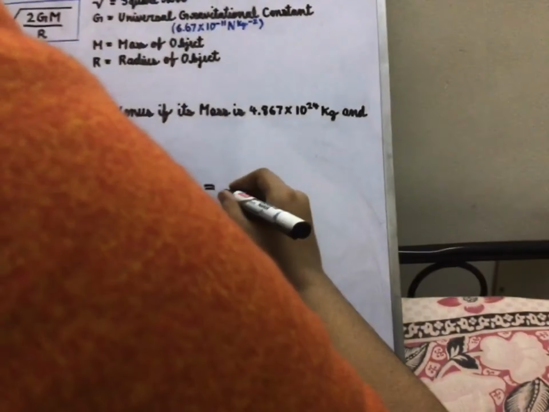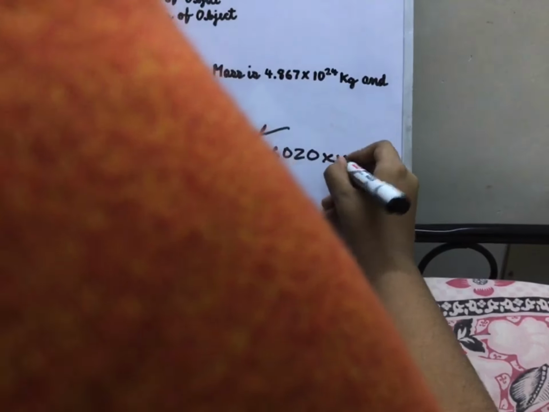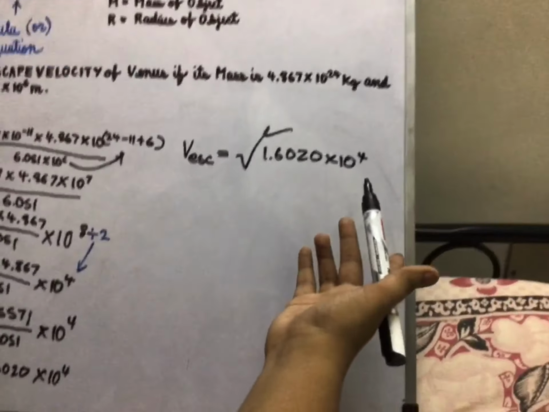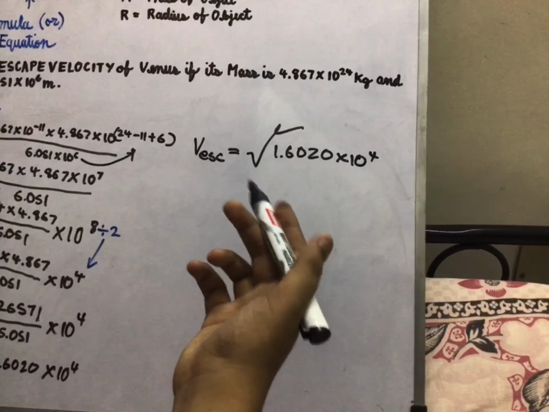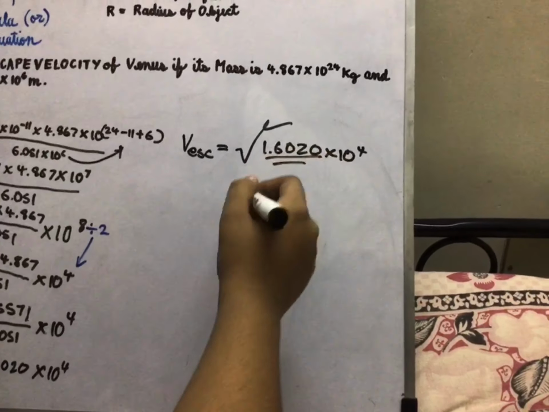Next, the next step is a little more tricky. So the square root of 1.6020 into 10 to the power 4 can be done by multiplying 10,000 to this, or by finding the square root of the numerical part and multiplying by the exponential part.